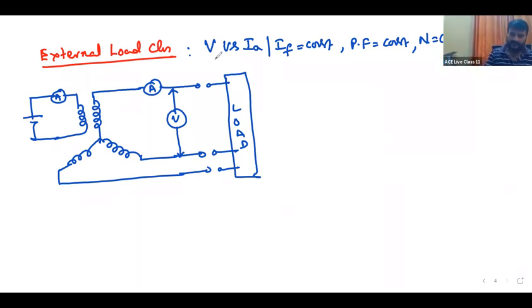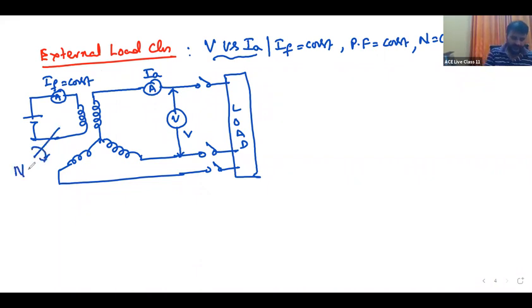V versus IA. This will measure IA, this will measure V, and this is IF. IF will be kept constant, and speed N will be constant. Now draw the characteristics.